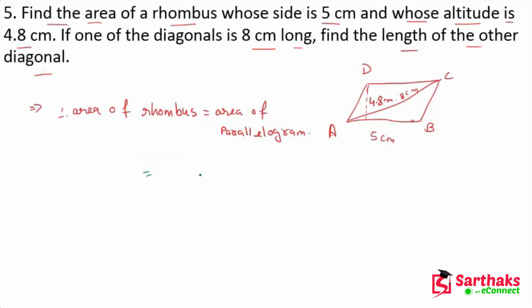We know that the area of a parallelogram is base into height. In this case, the base is 5 centimeter and the height is 4.8 centimeter. If we remove the decimal point, we get 10 in the denominator, so we can divide it by 2, and we can divide 48 by 2 in 24 times. So we have 24 centimeter square. This is the area of the rhombus.